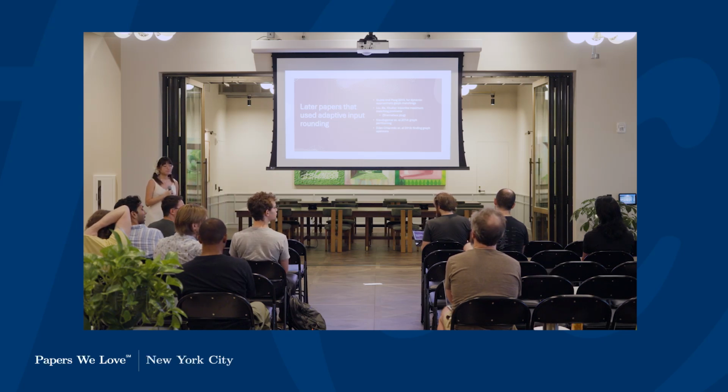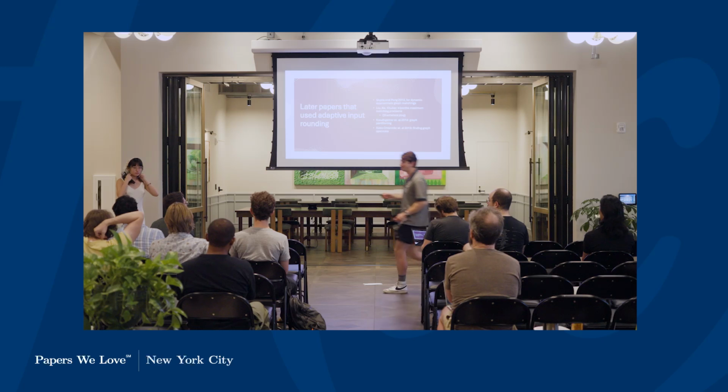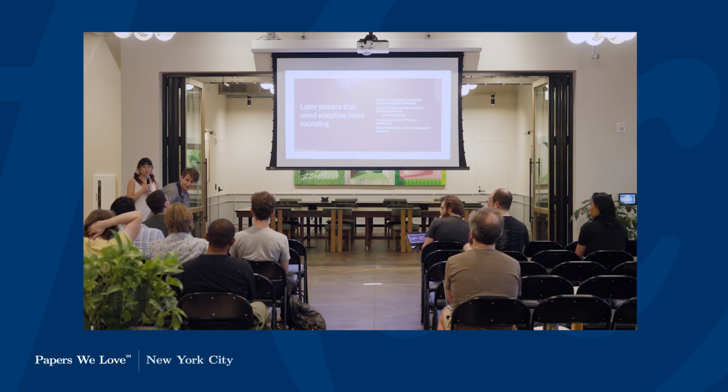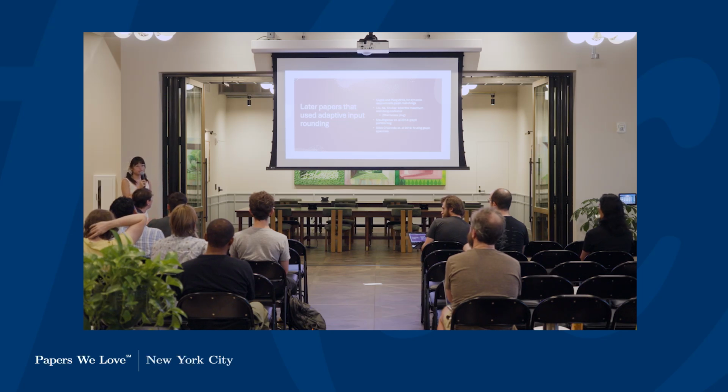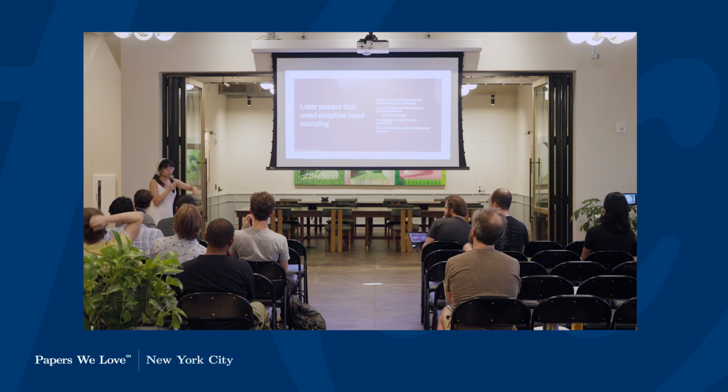Any other questions? I was curious because you mentioned some research you did yourself. It's a bipartite matching problem where you use adaptive rounding. How did it come up in that setting? Okay, yeah. In bipartite matching, you want to maximize the edge weights in your eventual matching.